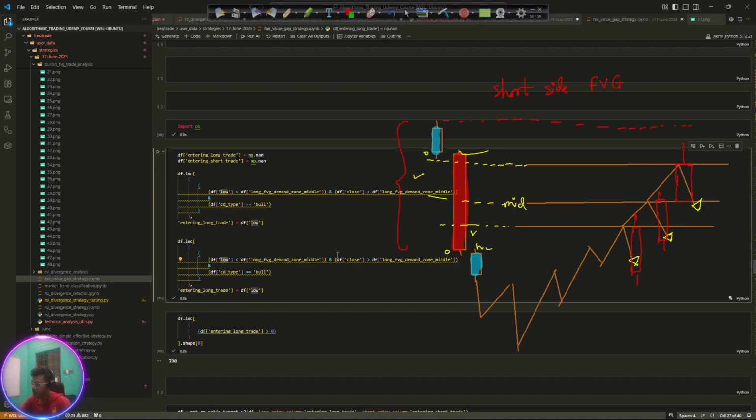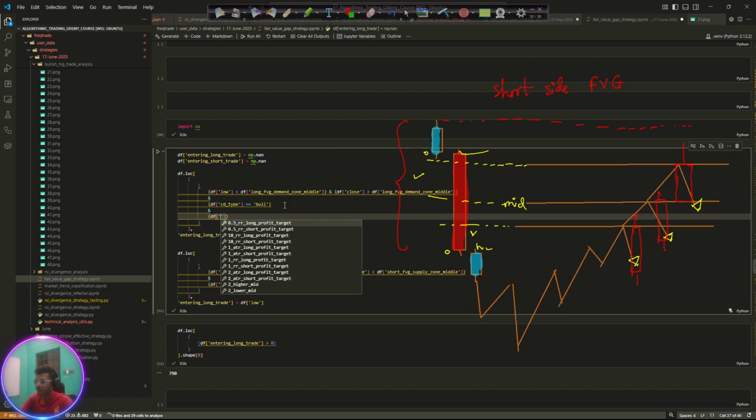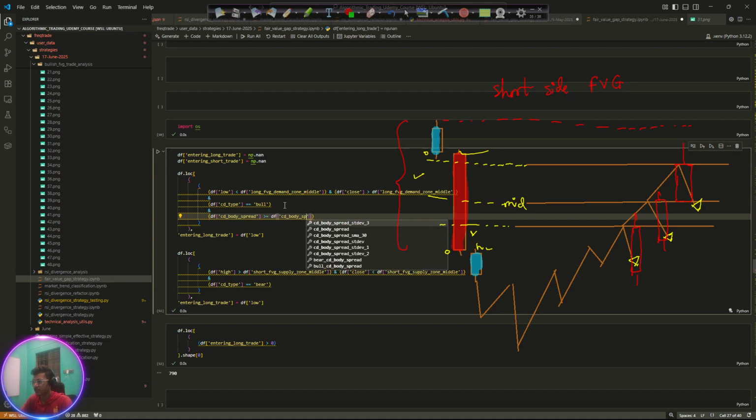What we need: my high should be greater than the middle point, so FVG buy zone middle, and close should be less than this. The candle should be a bear candle, and my candle body spread should be greater than or equal to the candle body spread standard deviation 1.